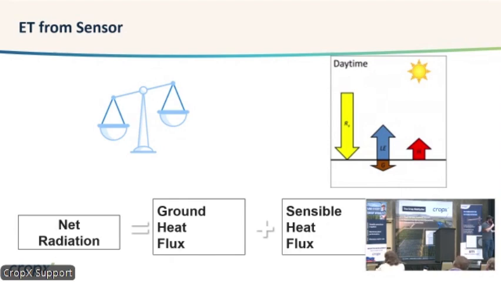If we know some of these components, we can rearrange our equation, from algebra, and figure out what we're trying to find, the latent heat flux.